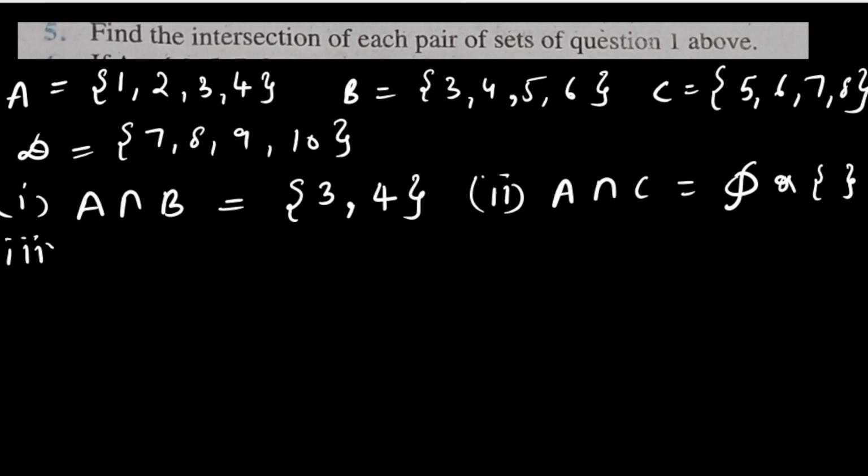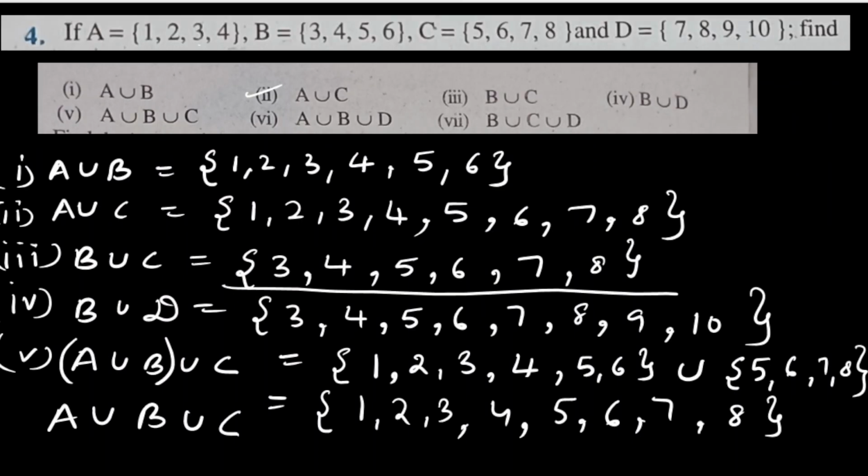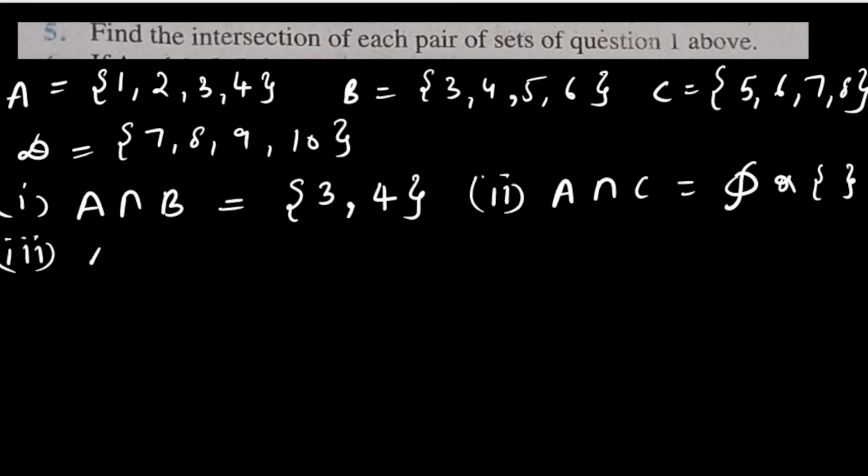So let's do the third part. Here it is B intersection C that we have to find. Let's see B and C and find their common elements. 5, 6 is present in both. B is 3, 4, 5, 6, C is 5, 6, 7, 8.